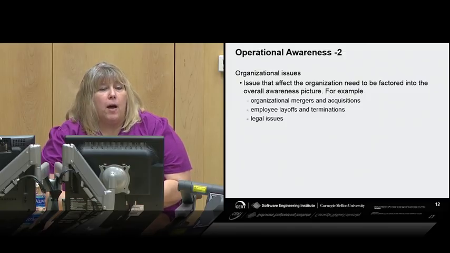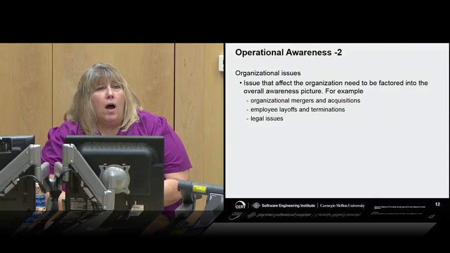Same with any type of legal issues. Are there particular types of compliance that your organization has to meet? Are there reporting requirements? Are there issues in how you protect information? And so if certain types of information are released in an unauthorized fashion, then that needs to be addressed and handled to meet the legal compliance. There may be other legal issues.